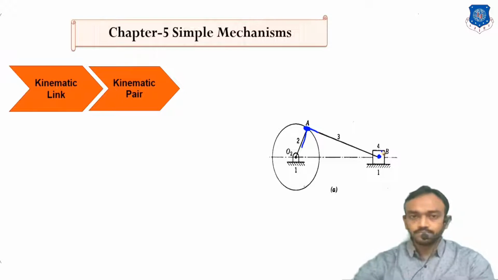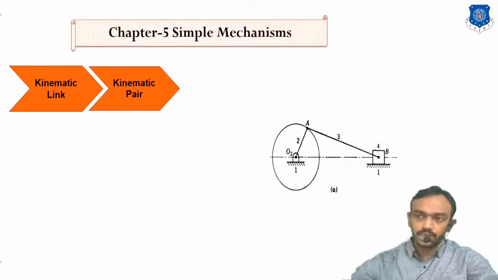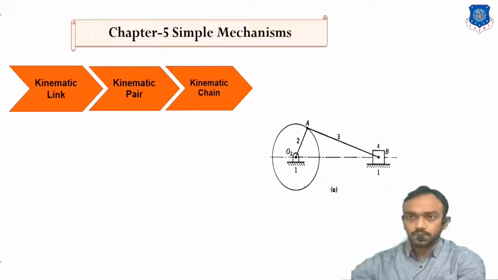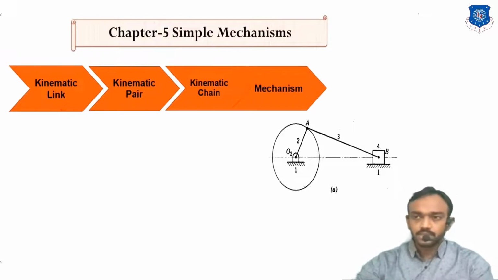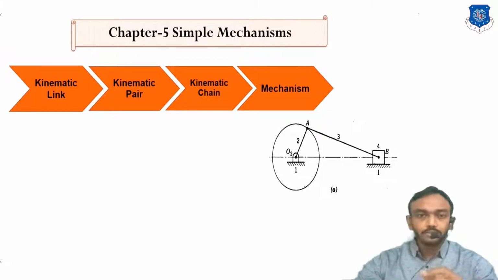That's how two links connected make a pair. After the kinematic pair, we will study the chain. Lots of pairs combine and make the chain, and using the chain and fixing one of its links, we will make the mechanism.